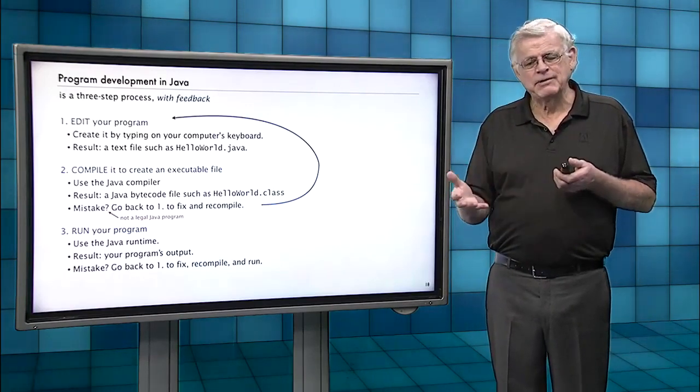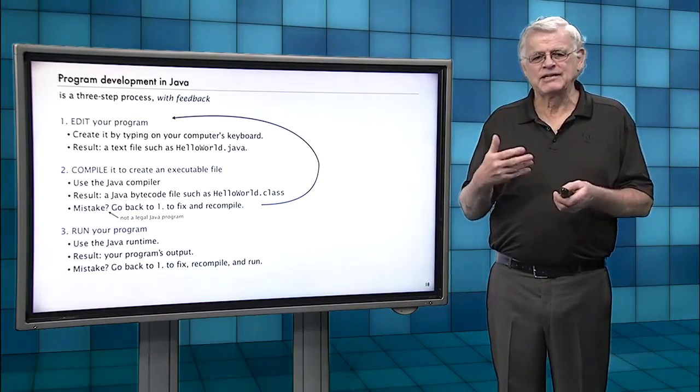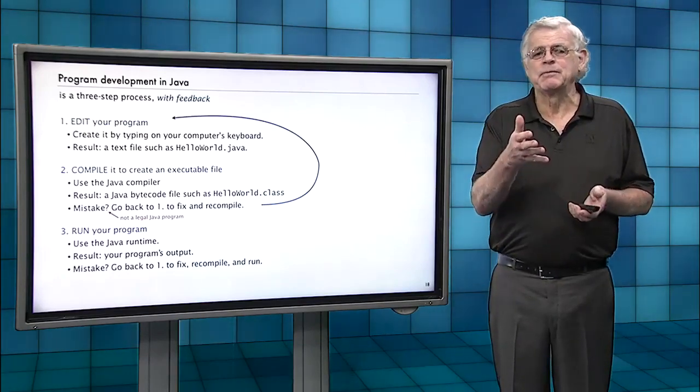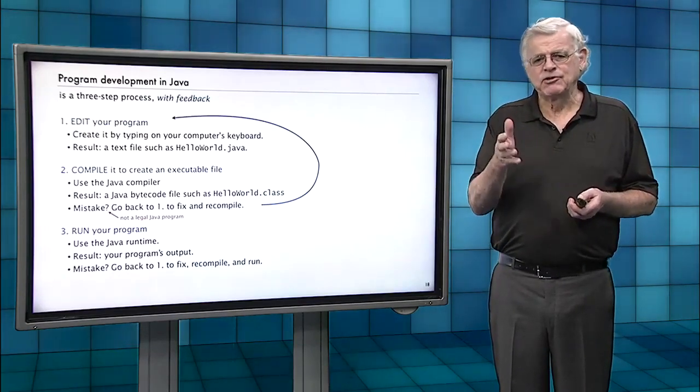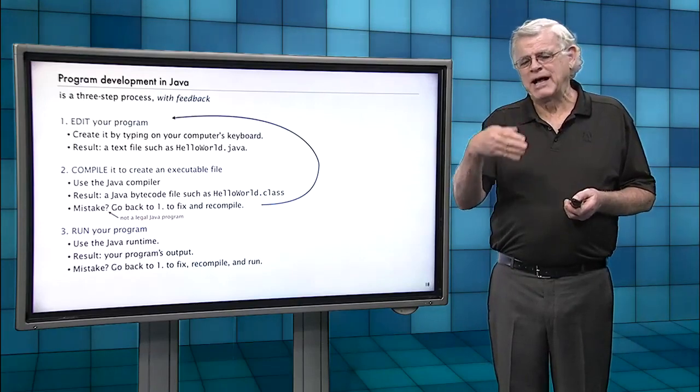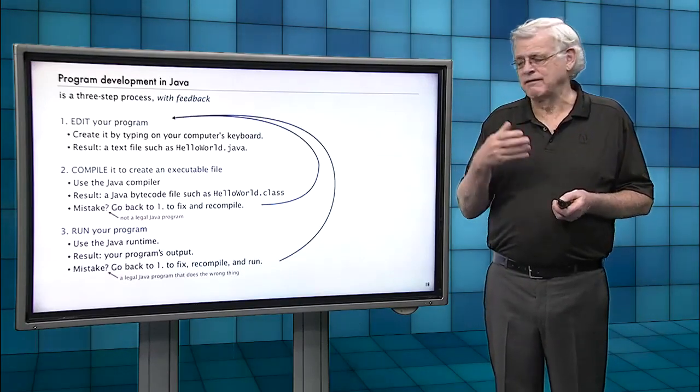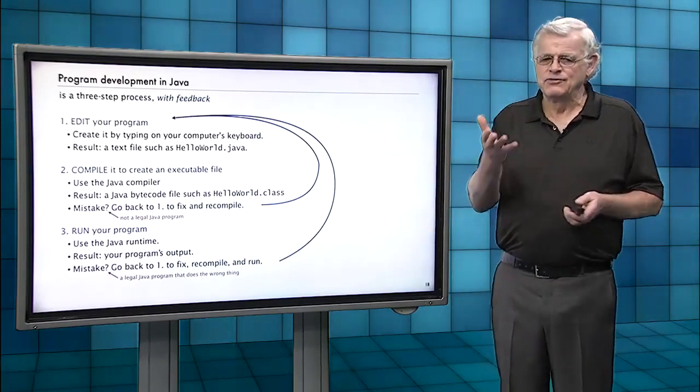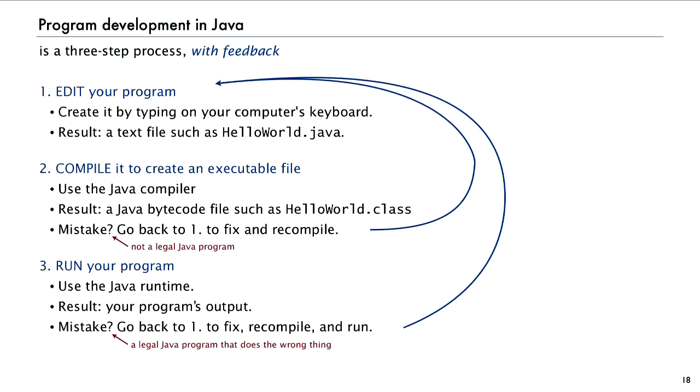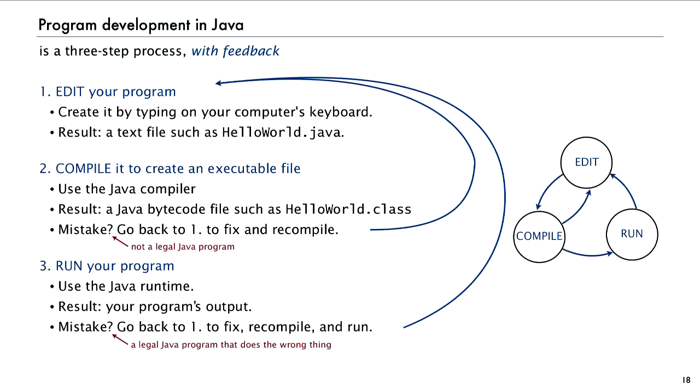Now again, maybe your program isn't doing exactly what you thought it was doing, and there might be a mistake. If there's a mistake in the program, then you have to go back to step one to fix it. In this case, you've got a legal Java program, but it's doing the wrong thing. You still have to go back and change the text file, and then recompile it, and then run it again to see if there are no mistakes.